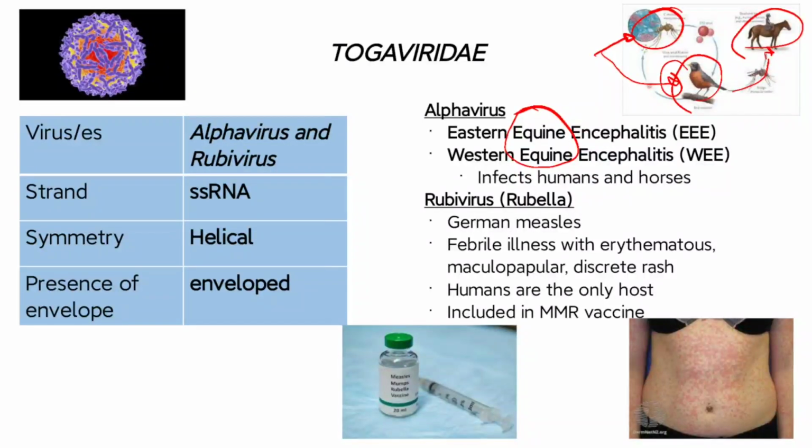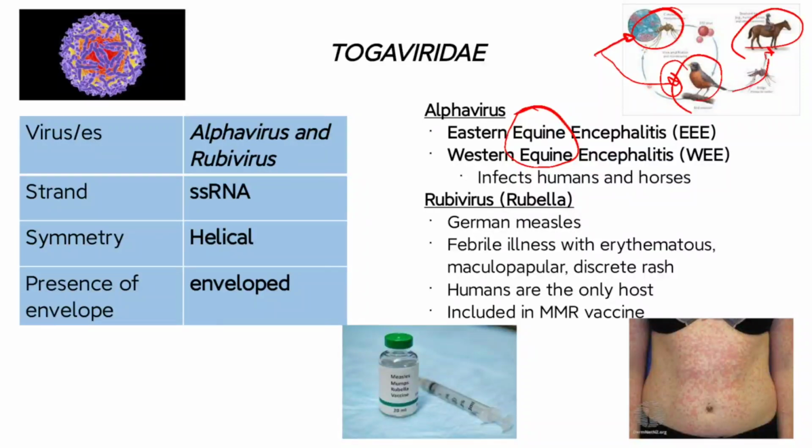Whereas yung rubivirus, or tinatawag na rubella. So, ito yung German measles. Okay? So, febrile illness with erythematous maculopapular discrete rash. Tapos, humans are the only host.